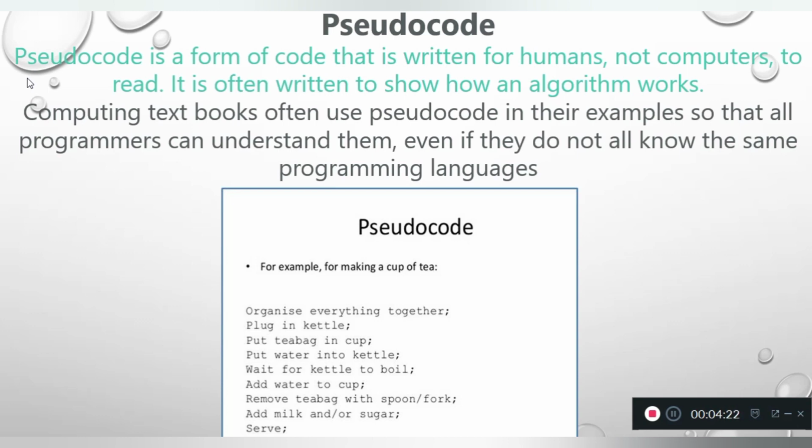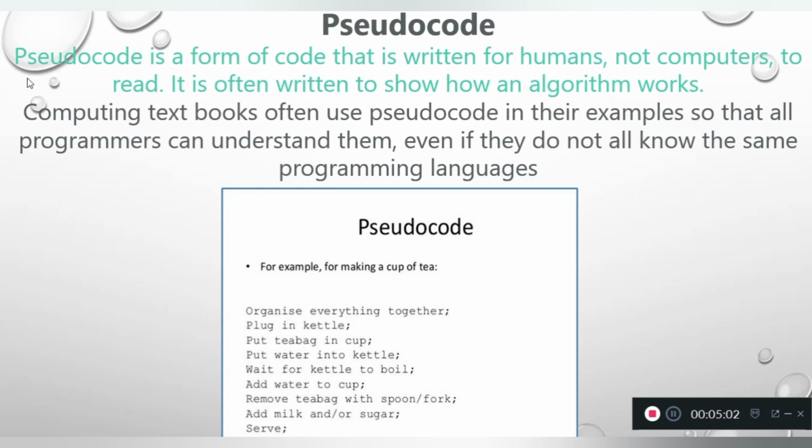Now, for example, for making a cup of tea, the first step will be to organize everything together. Plug in kettle, put tea bag in cup, put water into kettle, wait for kettle to boil, add water to cup, remove tea bag with spoon or fork, add milk and or add sugar.